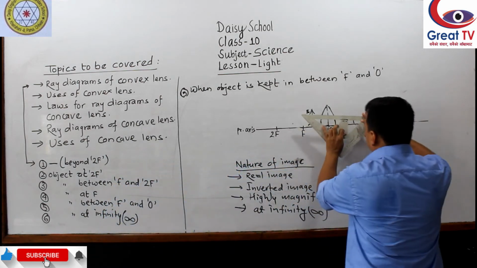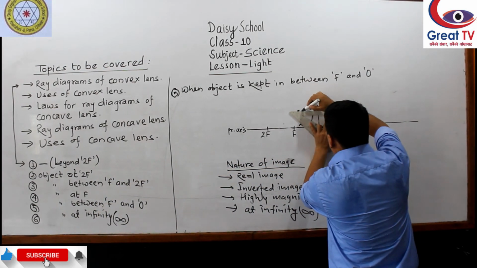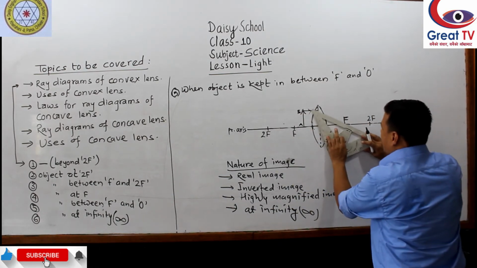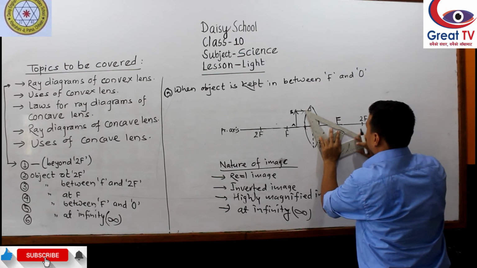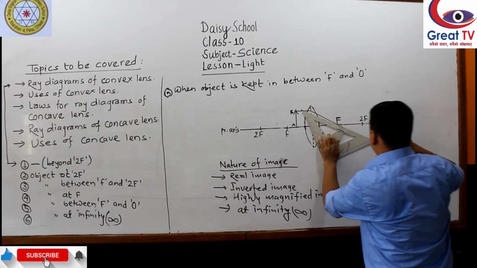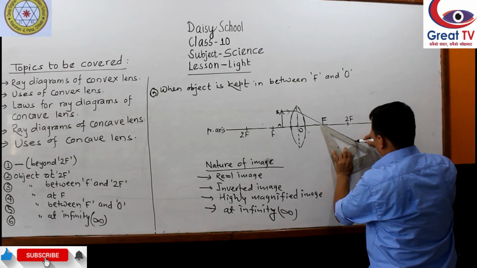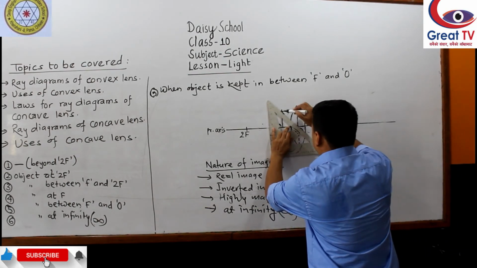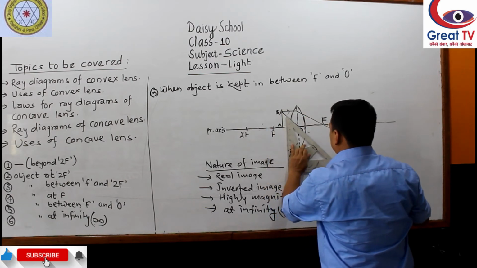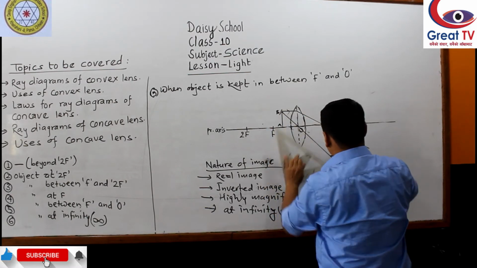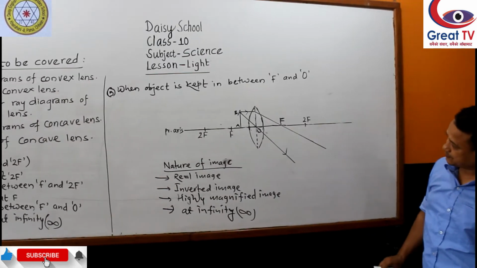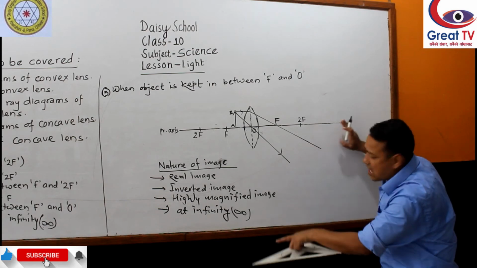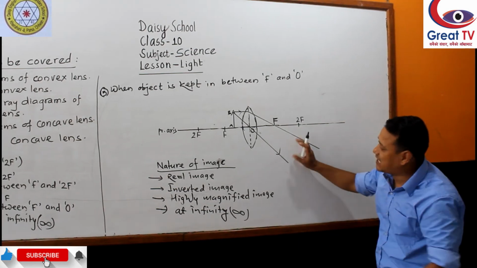Again, the rules are the same. Parallel light rays to the principal axis pass through the focus point. Similarly, light rays incident on the optical center pass without bending. These two light rays are extending outward, they are not parallel.